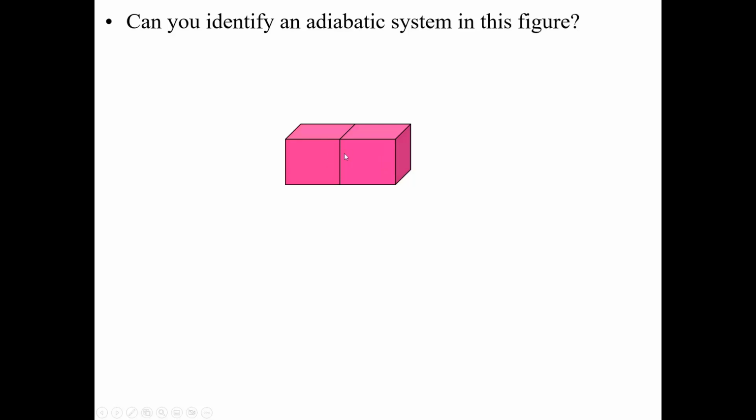So heat transfers from the hot block to the cold block. Now let's assume that heat only goes from one block to the other block, and there is no heat transfer between these two blocks and the rest of the universe. The only heat transfer is between these two blocks.